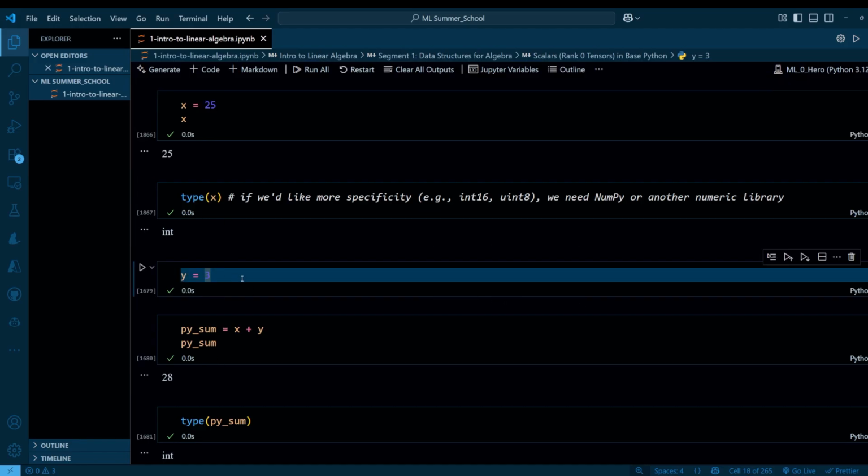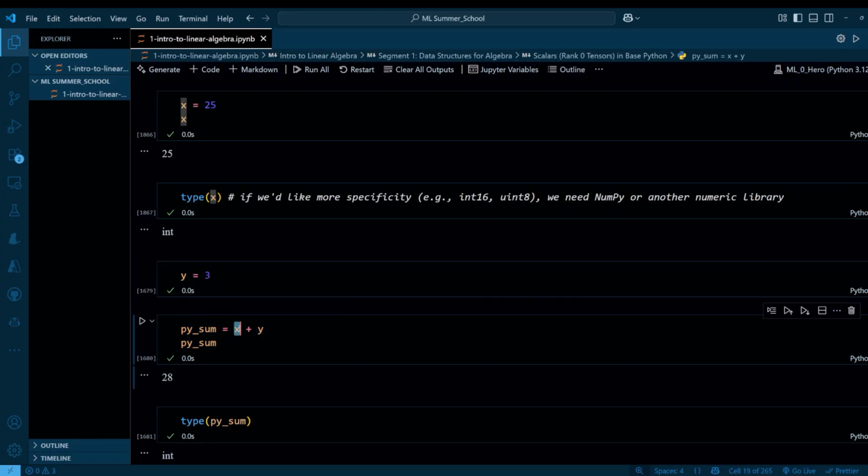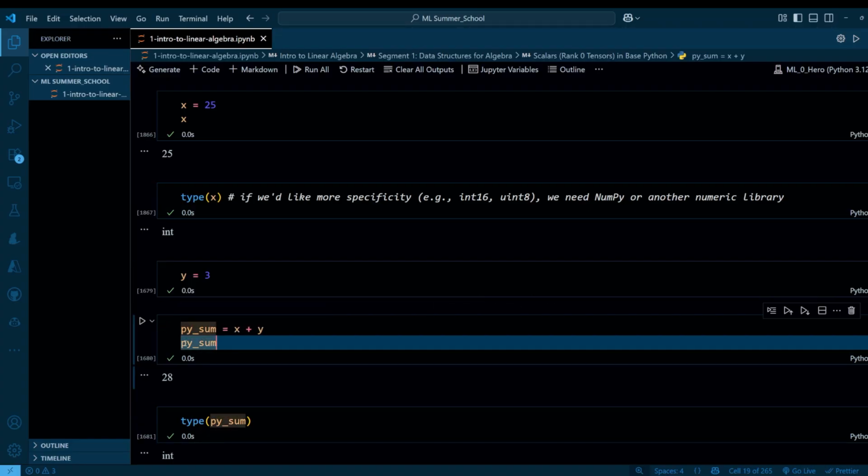Now talking about y equal to 3, that means the same. Now x is 25, y is 3, and we can sum them up. We can write py_sum equal x plus y. That means we're saying x is 25, y is 3, add them both, and pass this result to py_sum, then print the result for py_sum, and we get 28. 25 plus 3 is 28, right?